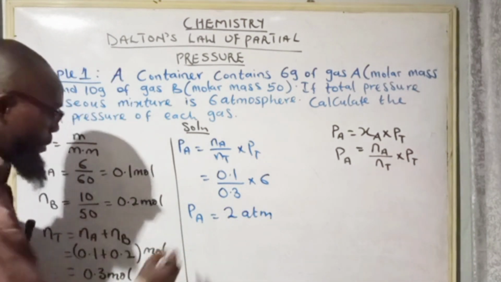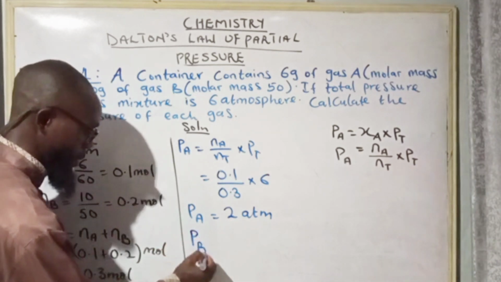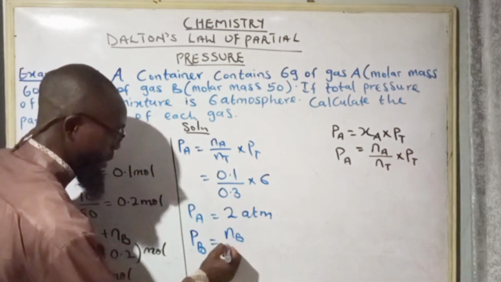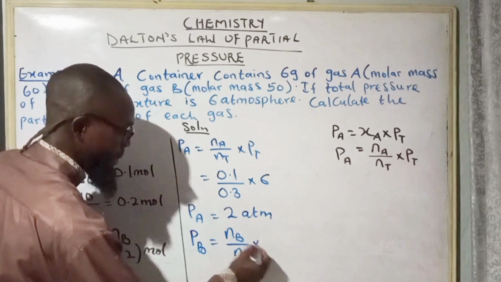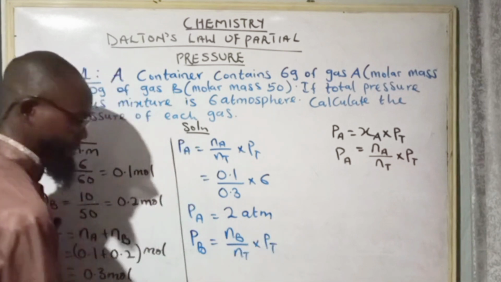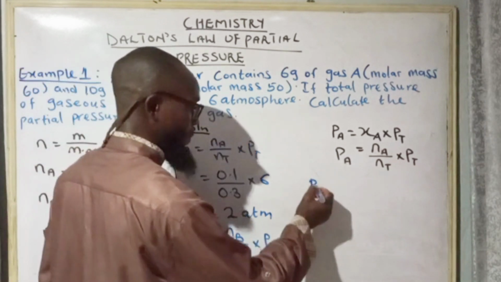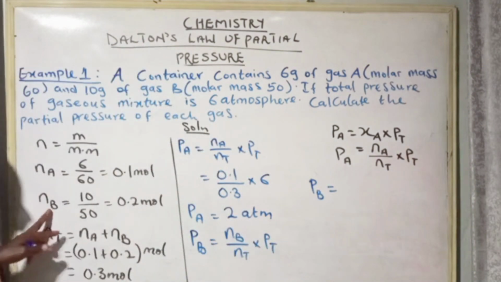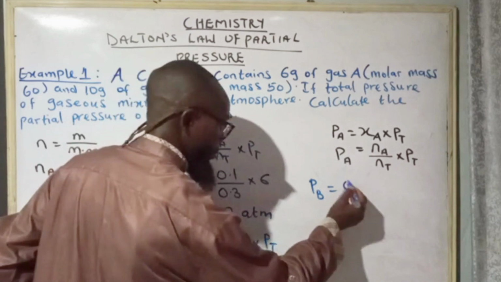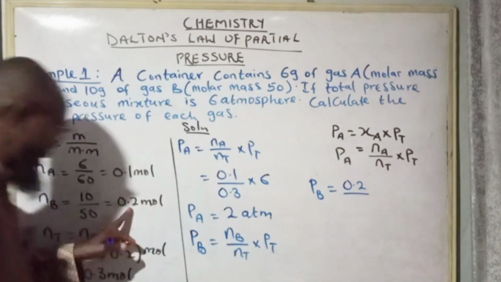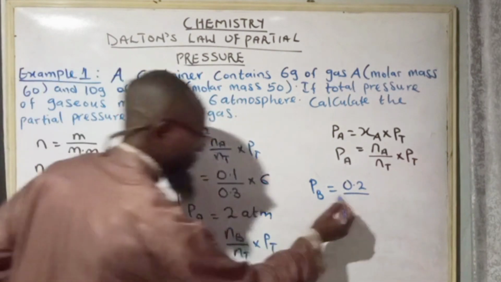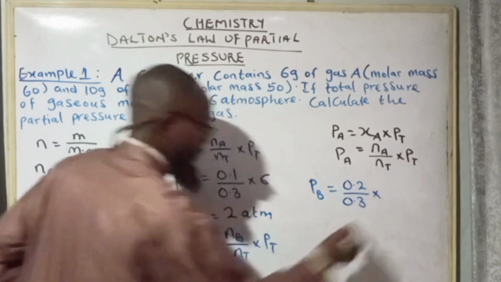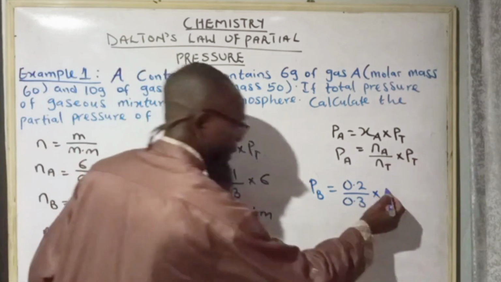Now for PB, PB will equal NB over N total multiplied by P total. So from here, our PB will equal our number of moles of B, 0.2, divided by the total, 0.3, multiplied by the total pressure 6.